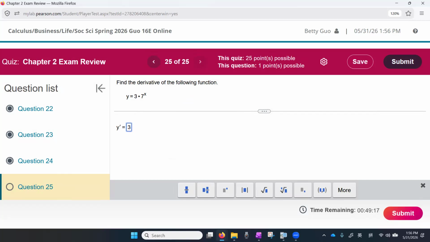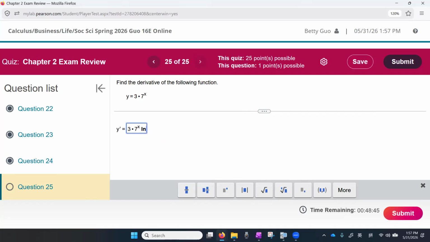3 ln 7 times 7 to the power x. Okay, or if you want to write ln 7, you're going to write 3 times 7 to the power x and then times ln 7.